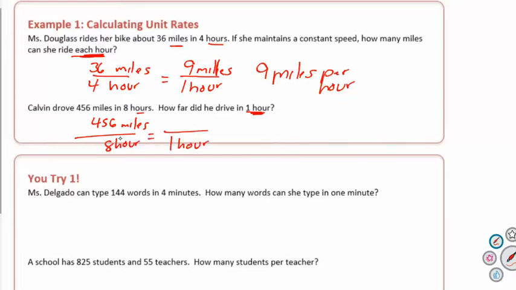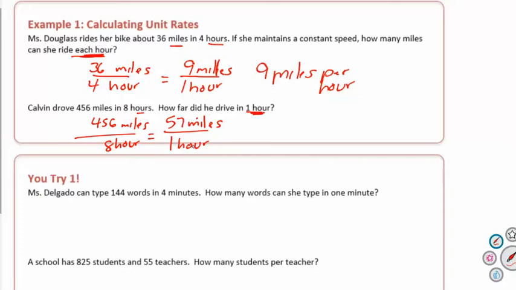So grab your calculator, put in 456 divided by 8, and that comes out to be 57. And it's 57 miles, because that's what my top number is looking at. Okay, so in 1 hour, he can go 57 miles, okay?